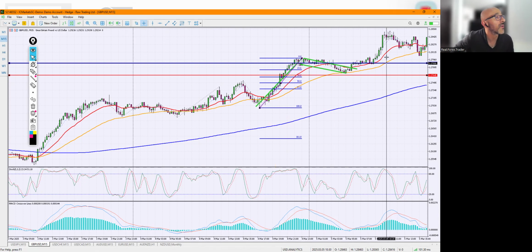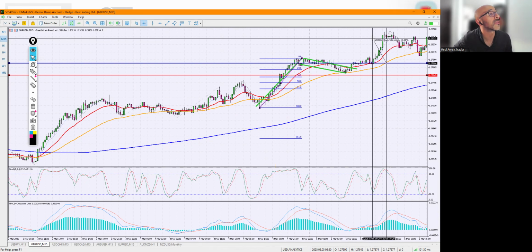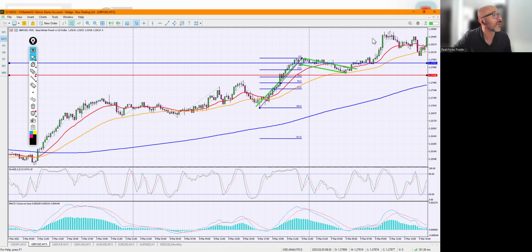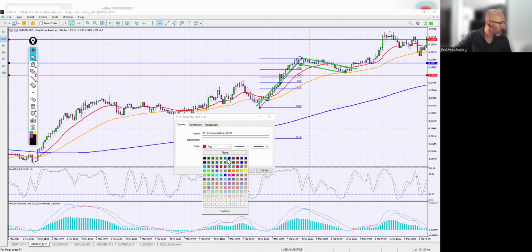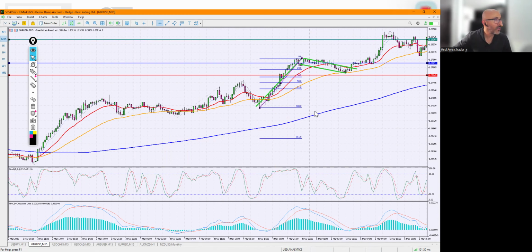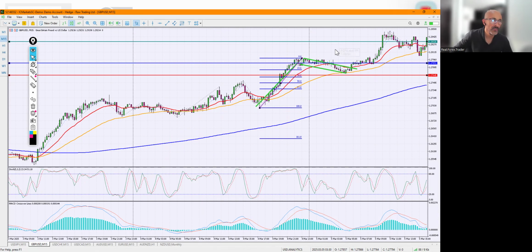So here I can get 50 pips. Look at this. I could set it here. Right here is my 50 pips take profit. Perfect. So that would be an excellent win trade.